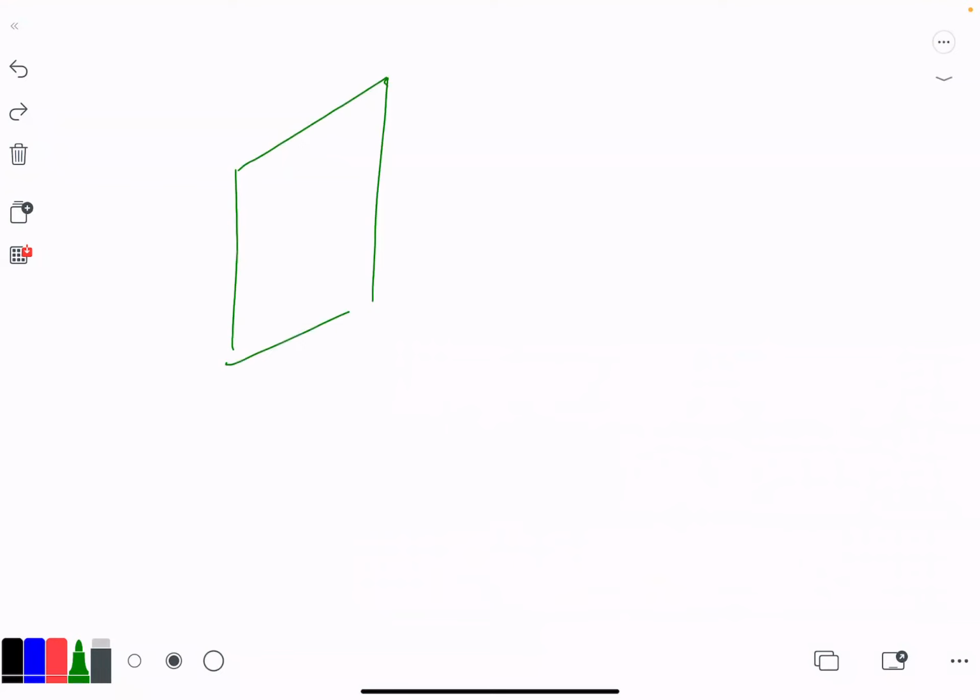What is given? Charge density is given, correct? Sigma, which is equal to Q over A, right? This is given. What else is given? Epsilon naught is given. What do we have to find? The electric field just above this surface, right?